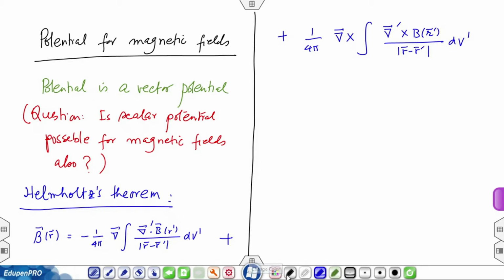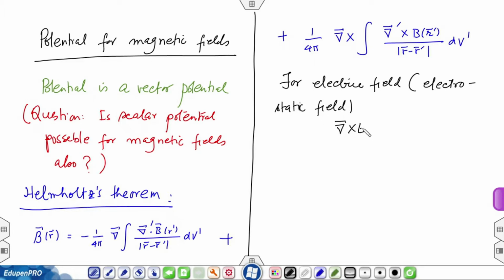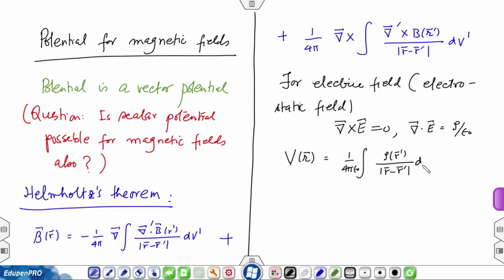Recall that for electric field, and I will emphasize it was electrostatic field, curl of E is 0 and divergence of E by Gauss's law is rho over epsilon 0, and therefore, we could write an electrostatic potential as the integration of 1 over 4 pi epsilon 0 rho r prime over |r minus r prime| dV prime.